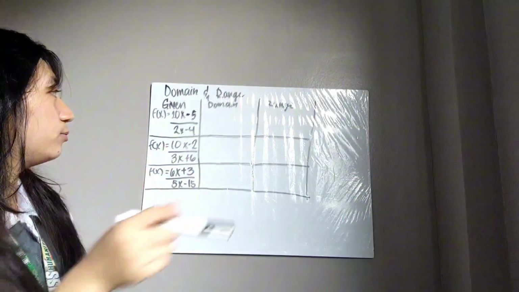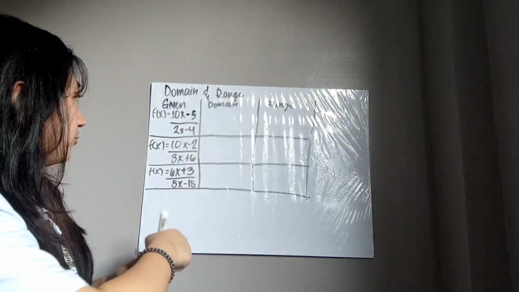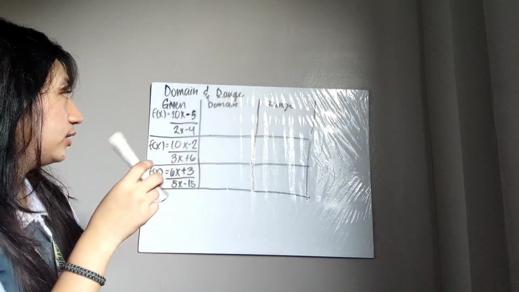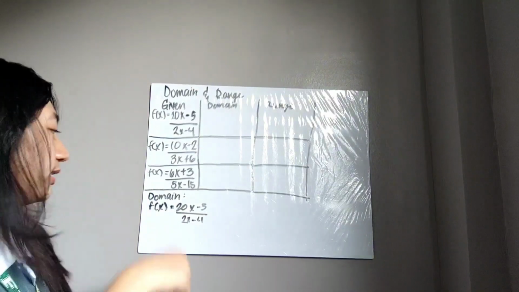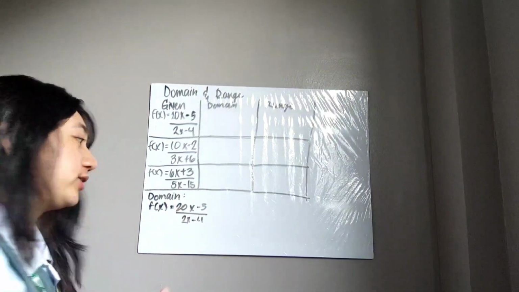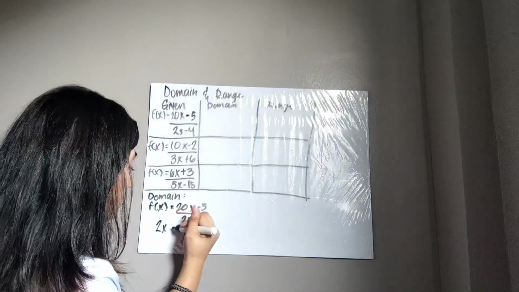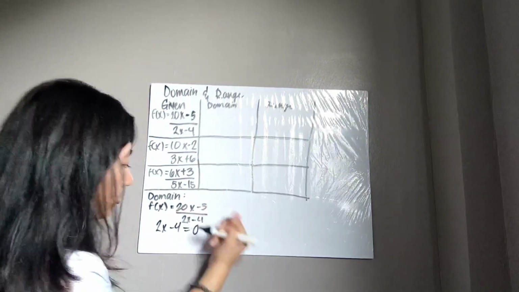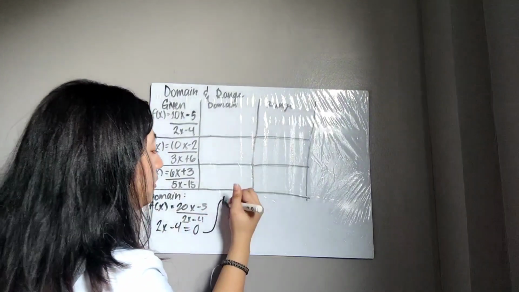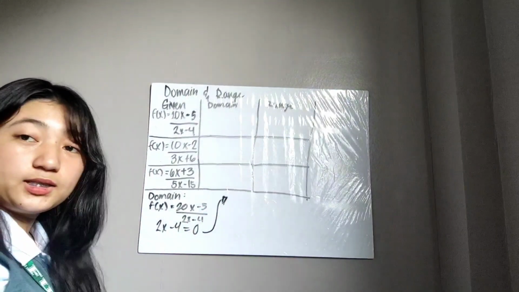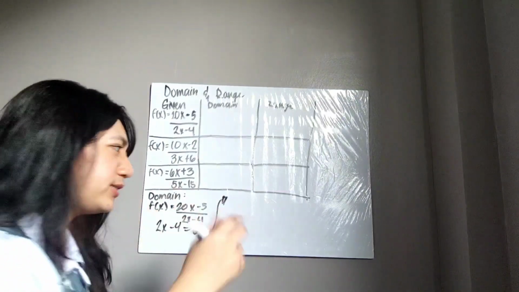So, una natin solve yung una, which is yung fx is equal to 20x minus 5 over 2x minus 4. So, base sa domain, ang kukunin natin is yung denominator, which is yung 2x minus 4 is equal to 0. So, ganun ulit gagawin natin is lilipat natin si minus 4 para maging positive.